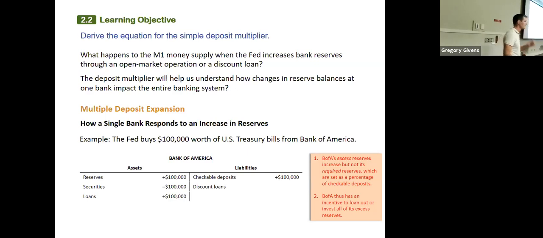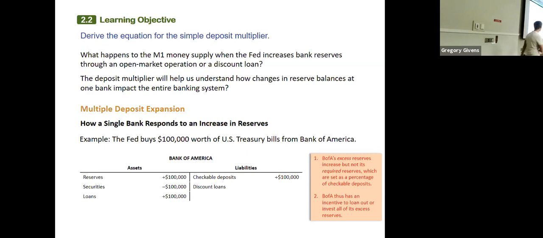All right. Now let me stop there for just a minute. What has now happened to the money supply? Not the monetary base, but the actual money supply as a result of Bank of America's decision simply to make a loan to an investor. The money supply is currency plus demand deposits or checking account deposits.